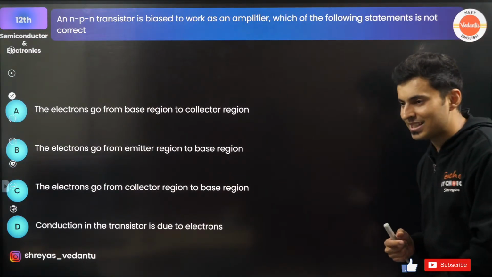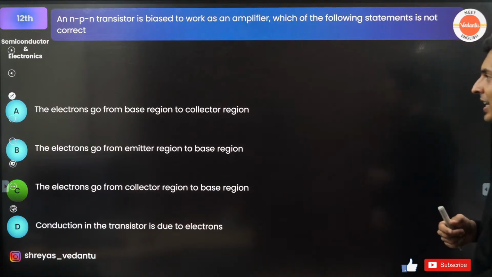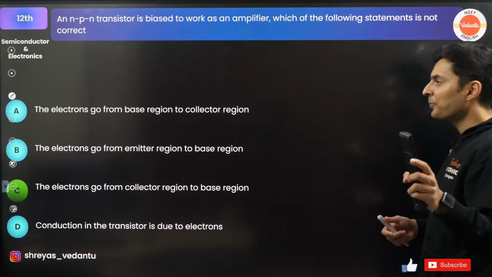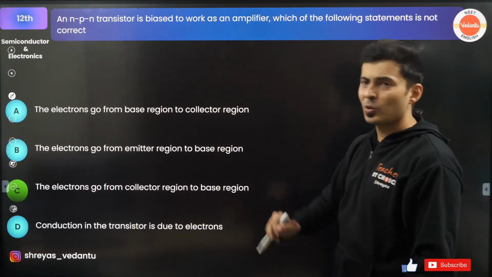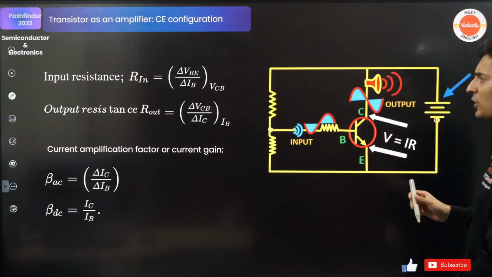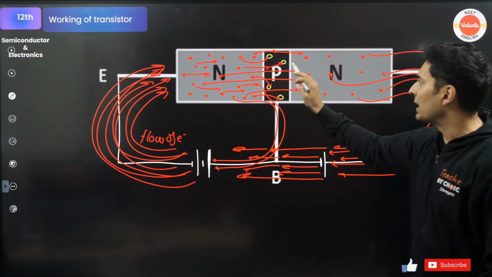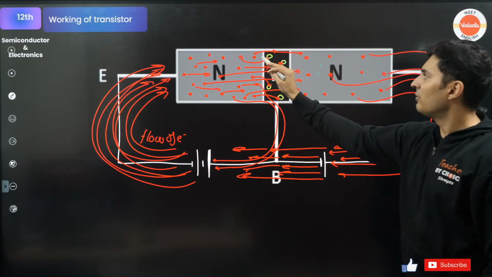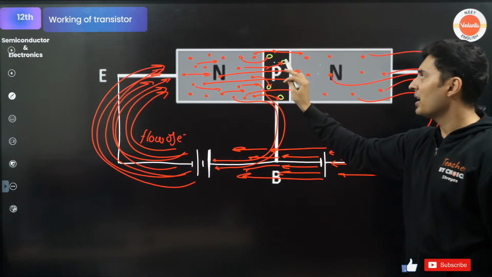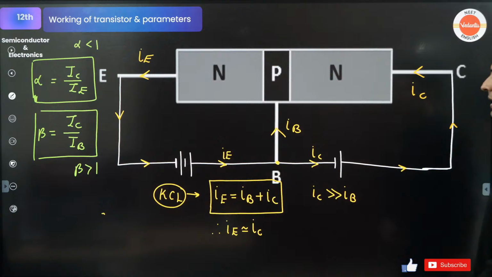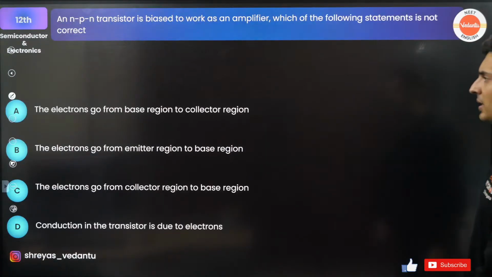A lot of you are saying C, some of you are saying even option A. The correct answer is indeed C. Electrons go from base to collector. Perfect. Electrons do go from base to collector. Do you see that over here? They go from emitter to base to collector. That is definitely correct.